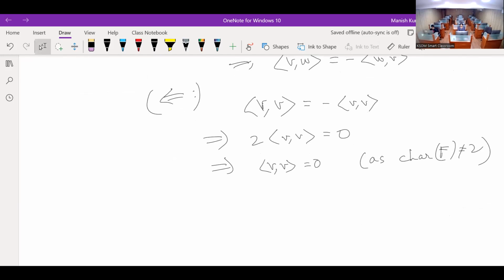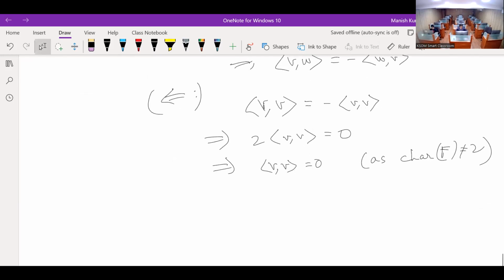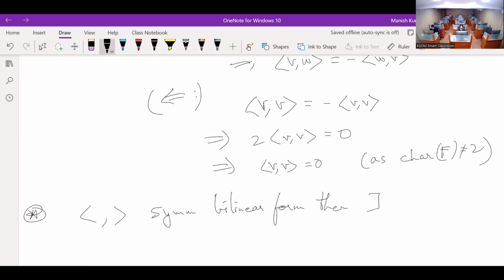So what else can I tell you about it? If a symmetric matrix is non-degenerate, then... So we know that if this is a symmetric bilinear form, then there exists an orthogonal basis.